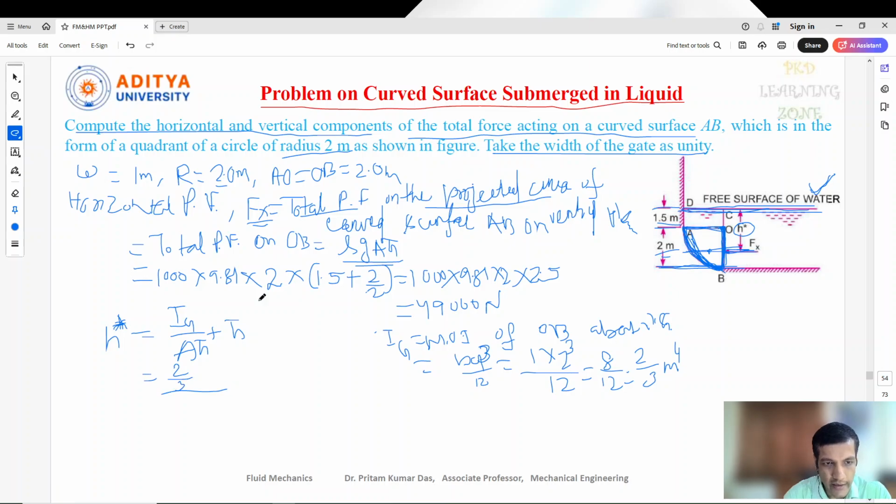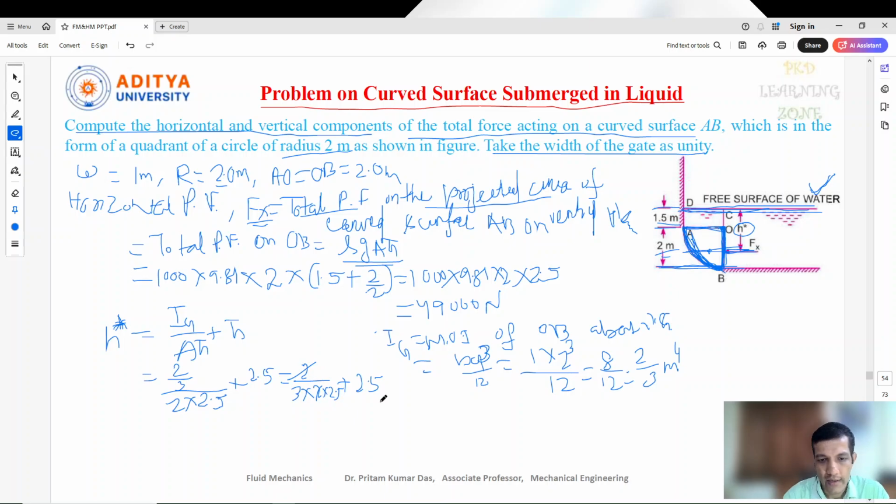And area we already got, 2, and H bar is 2.5, which we got previously, 1.5 plus 1, that is 2.5. If you solve this, you get near about 2 by 3 into 2 into 2.5, plus 2.5. Now the 2 will be cancelled, so we get 1 by 3 into 2.5, that is 7.5.